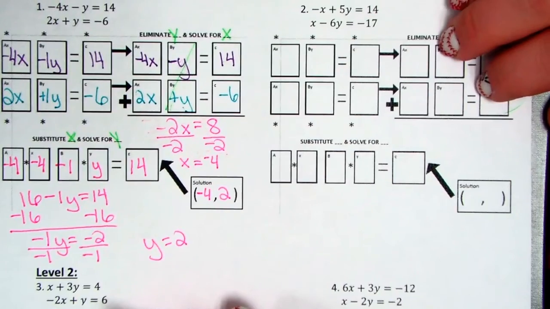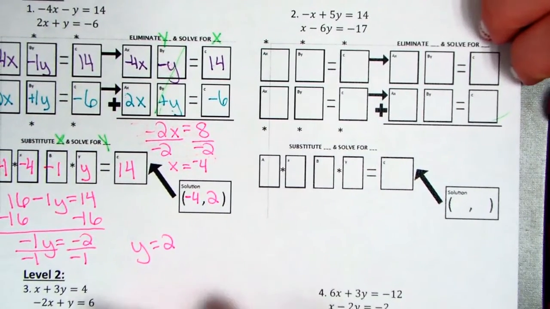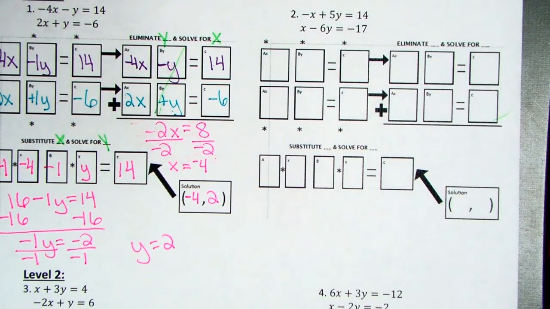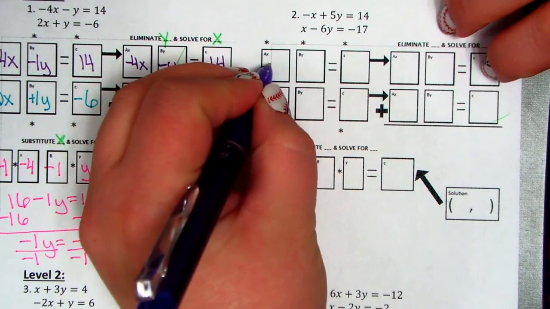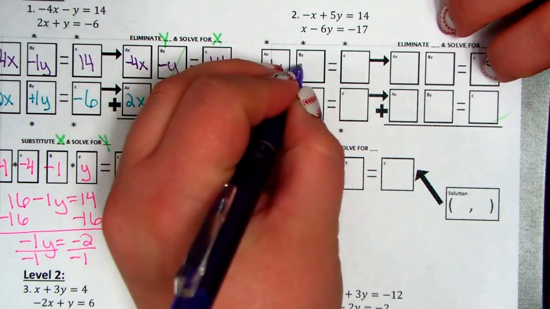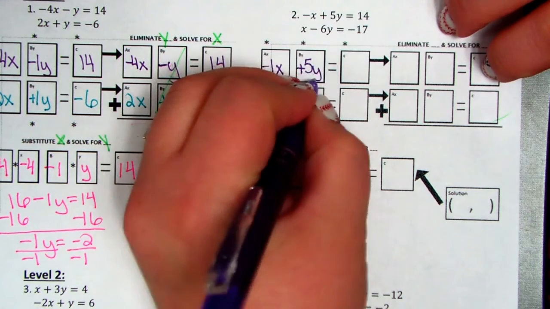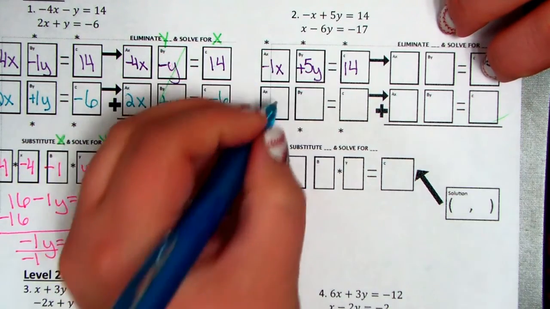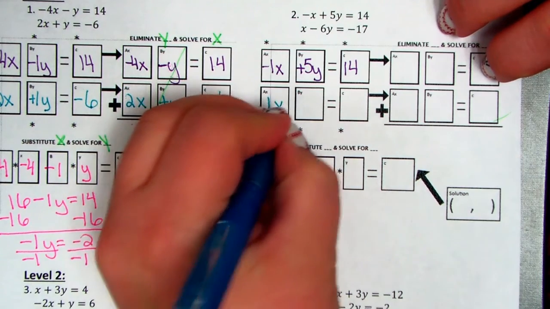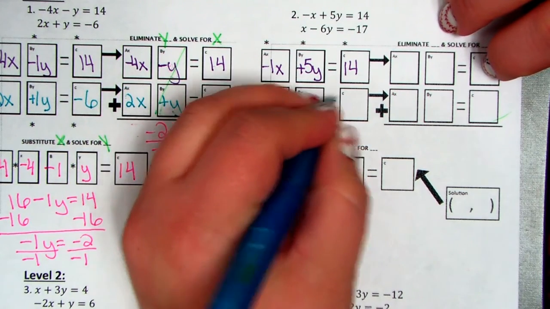Let's do another one that's already in level 1 here. So in our level 1, we'll write our equations down first. Negative 1x plus 5y equals 14. Positive 1x minus 6y equals negative 17.